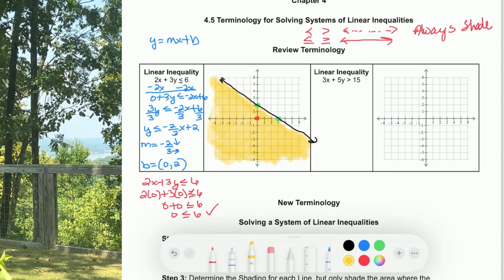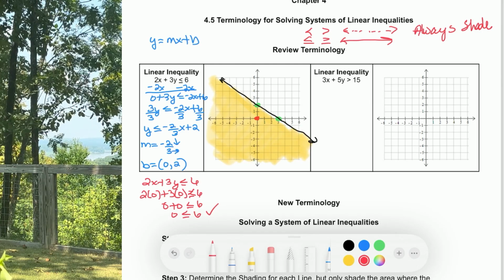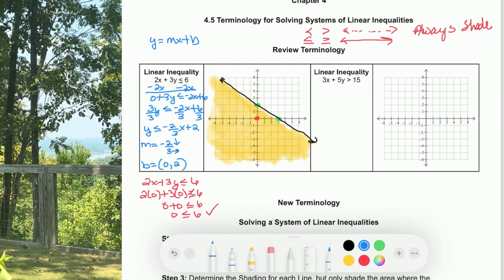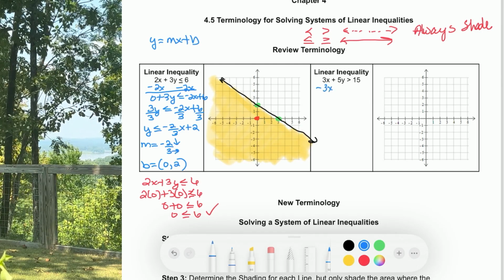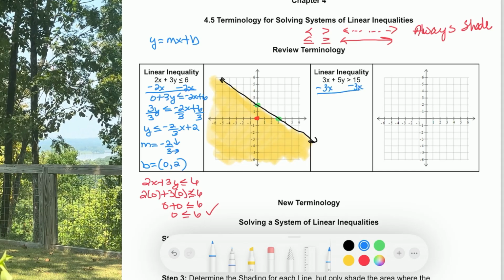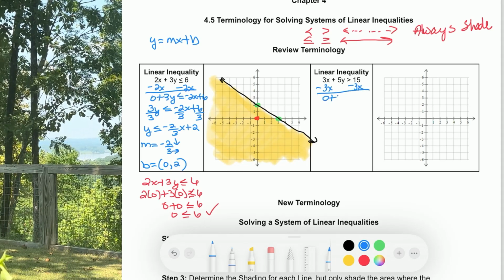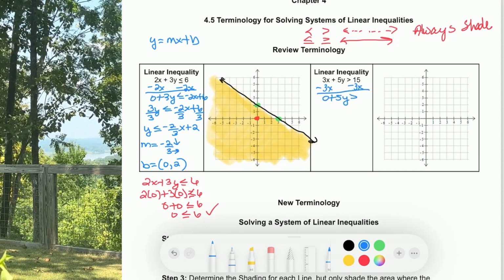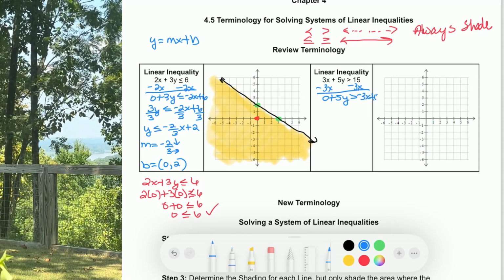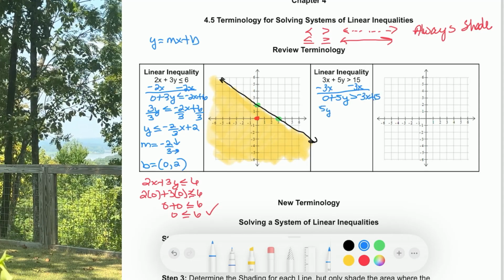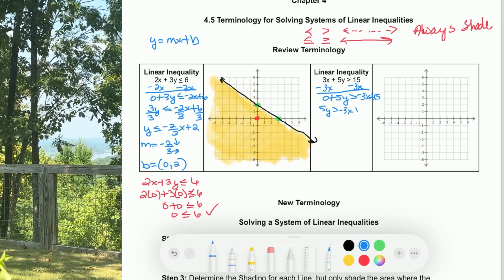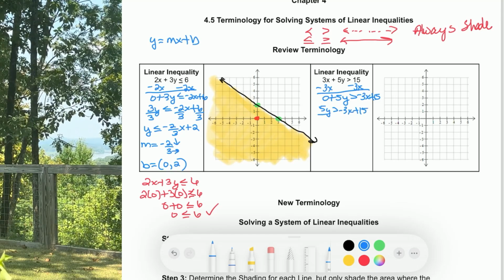All right, let's do a second one, just for a quick review. Get our y by itself. I get 0 plus 5y is greater than negative 3x plus 15. I'm going to rewrite that and divide everything by 5.